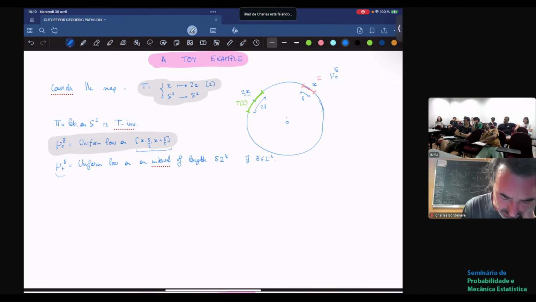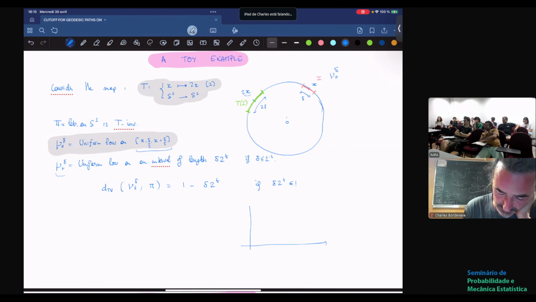And the consequence of that is that the distance in total variation between mu t delta and pi, my Lebesgue measure, is 1 minus delta 2 to the t if delta 2 to the t is less than 1.